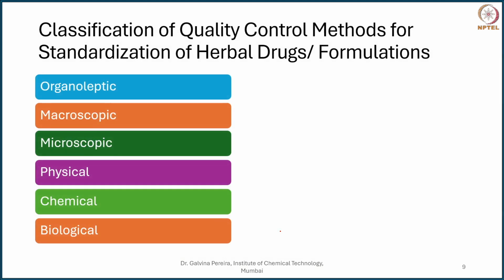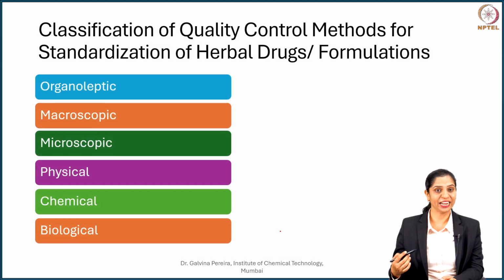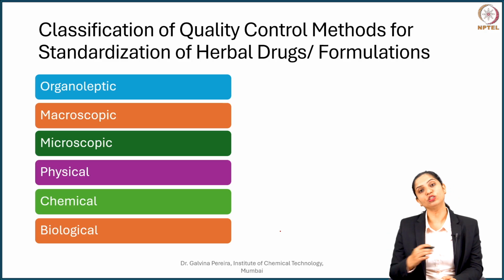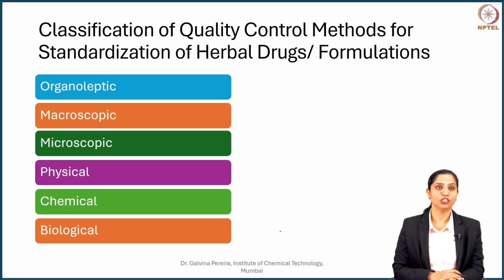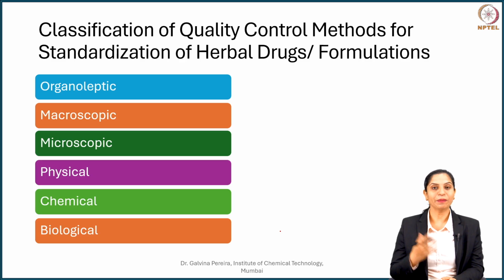Now if you see WHO guidelines, WHO guidelines also categorize methods for standardization. So it gives numerous quality control methods for standardization of herbal drugs, and these methods can be divided into numerous categories. These categories include organoleptic, something that we can feel with our five senses.